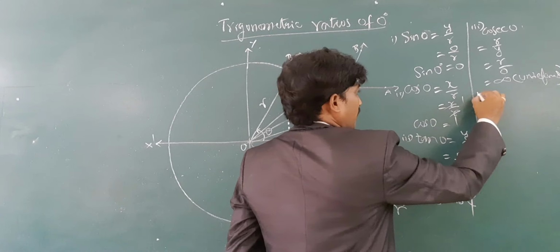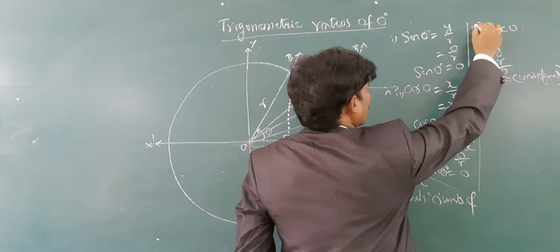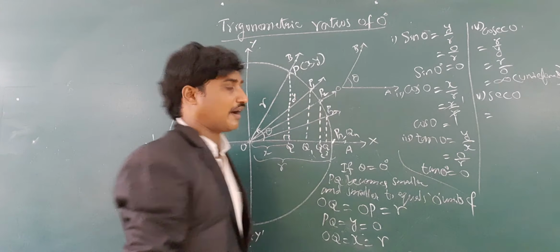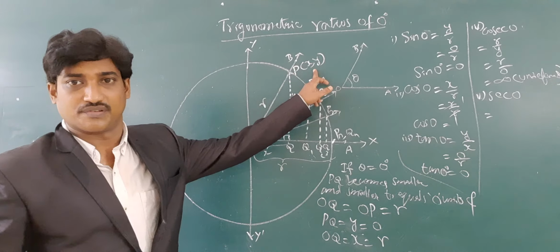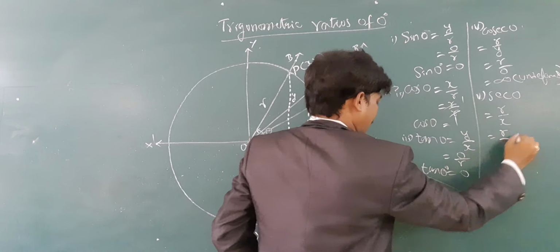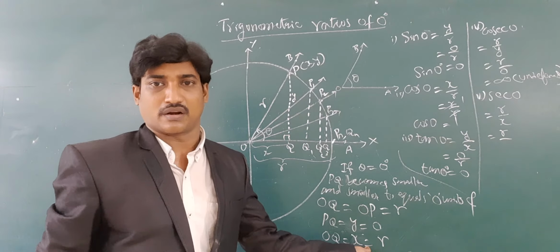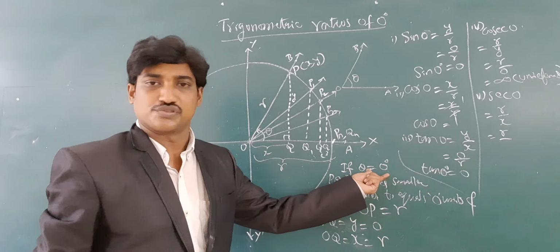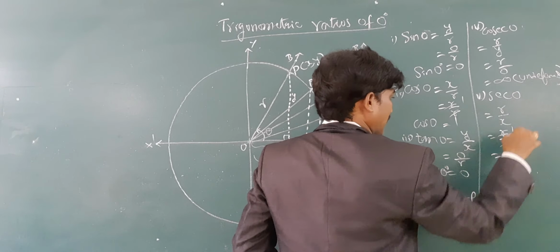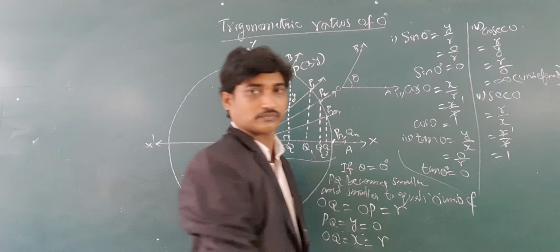Secant 0 is r by x, and x equals r at theta equal to 0 degree, so r by r gets cancelled, r one time, that is 1.